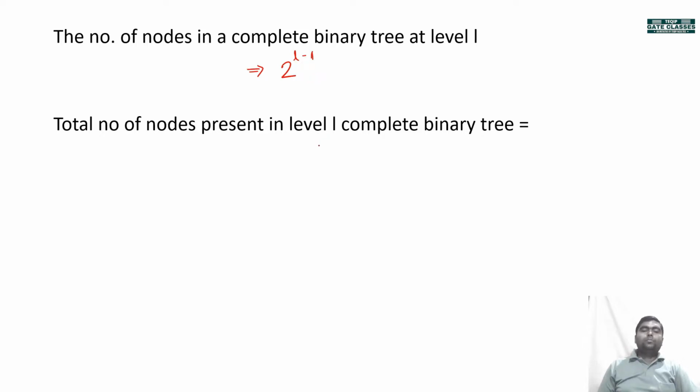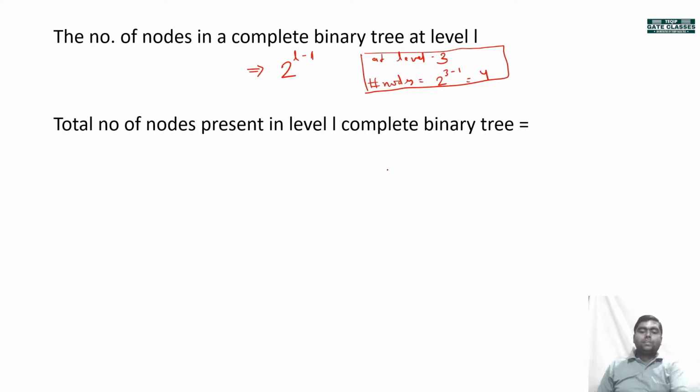So let us suppose, for example, at level 3. The number of nodes will be 2 raised to the power 3 minus 1, that is, it must be 4.